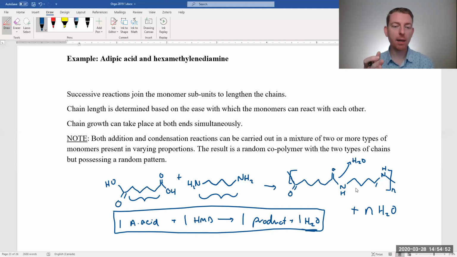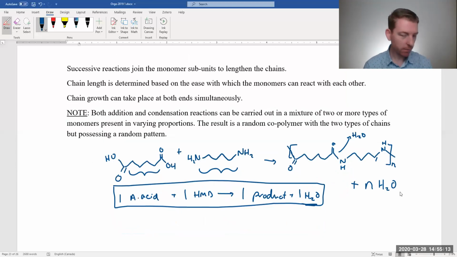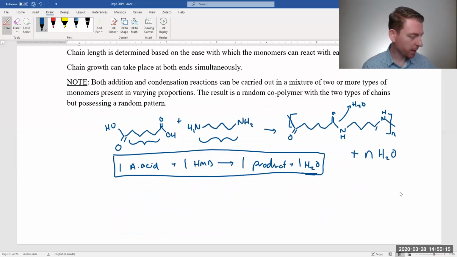So if we had, say these were both the same molecular weight just by coincidence, and we had a kilogram of the one plus a kilogram of the second reactant, we would not get out 2 kilograms of the product, because we have to subtract out the same amount of water. Same moles of water.